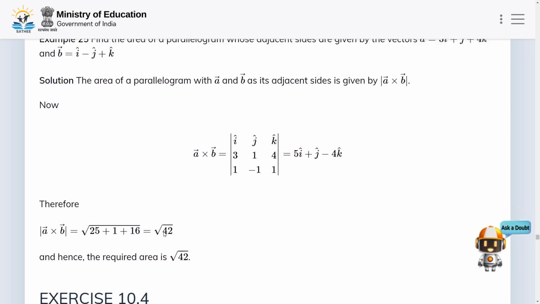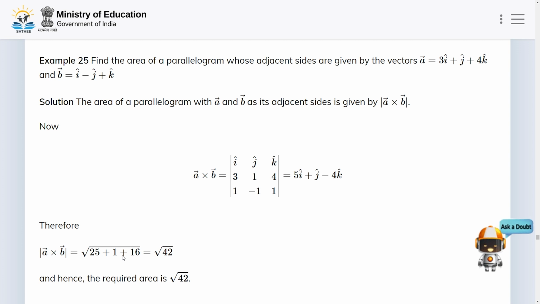So you will have root of 25 plus 1 plus 16, which is equal to root 42. What you have done is first find the squares of the corresponding scalars, add them, and put the root over them. You will get your magnitude, and hence this will be your required area, which is root 42 square units.